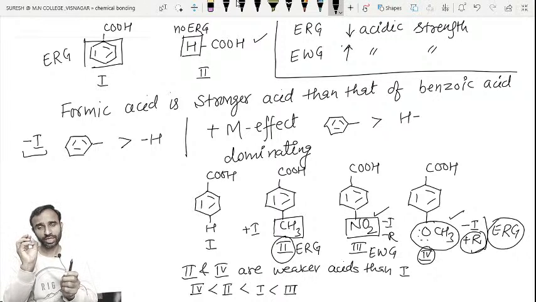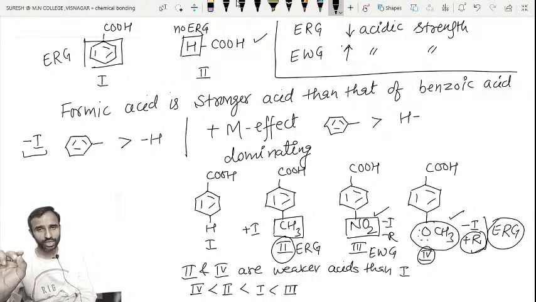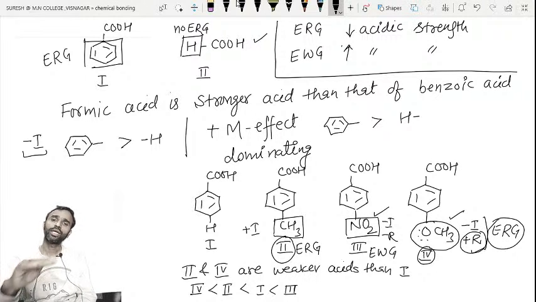There is one thing: electron withdrawing groups increase the acidic strength, and electron releasing groups decrease the acidic strength. That is the main thing here. Out of benzoic acid and formic acid, formic is the stronger acid, so that I have explained.